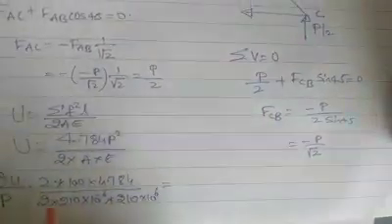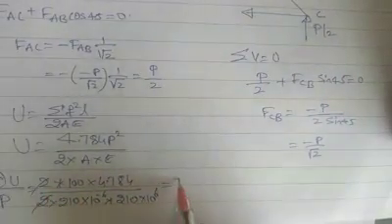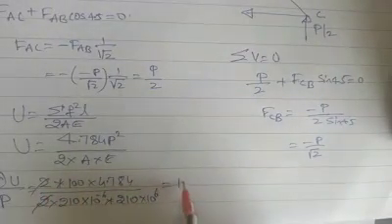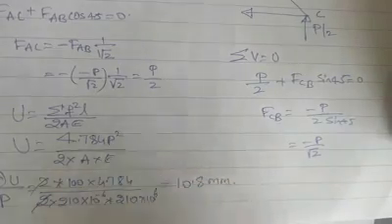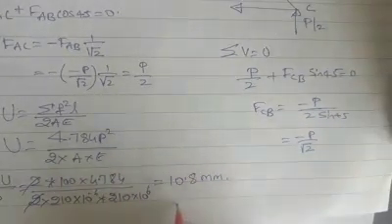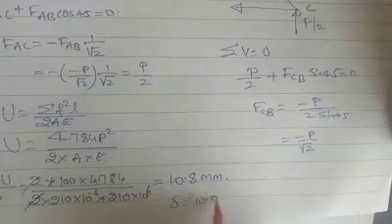So when we do this, it will become 10.8 mm. So this delta is equal to 10.8 mm.